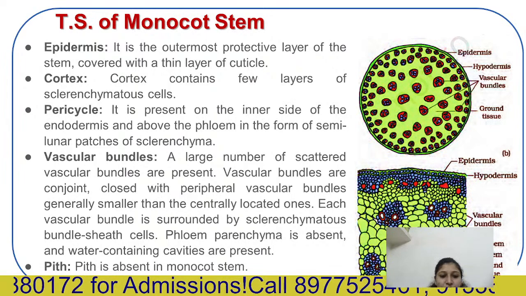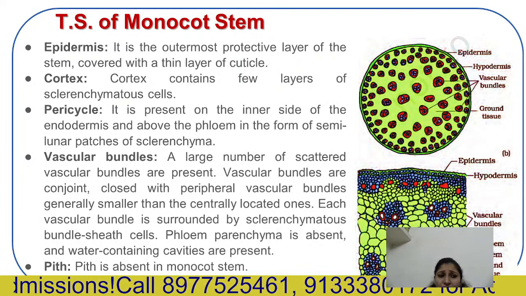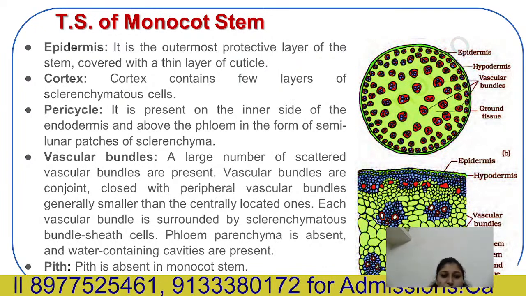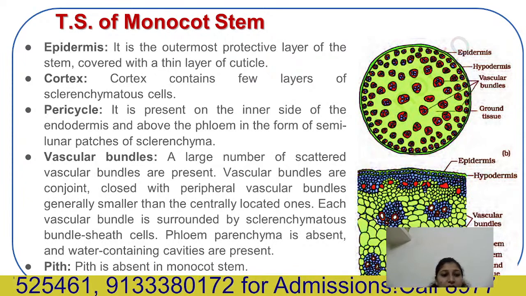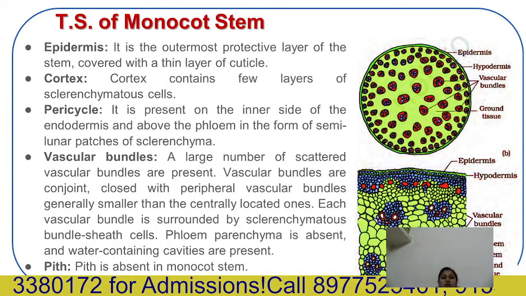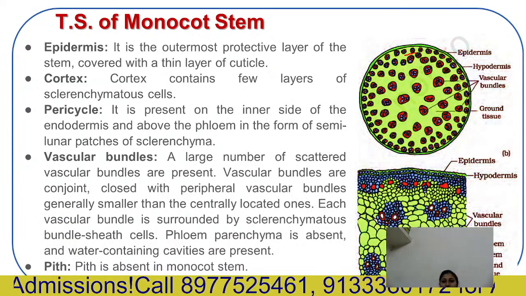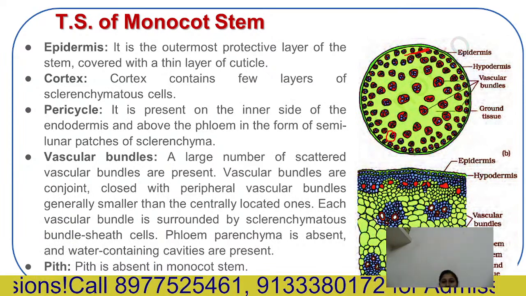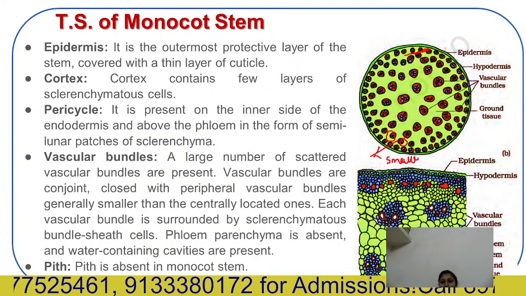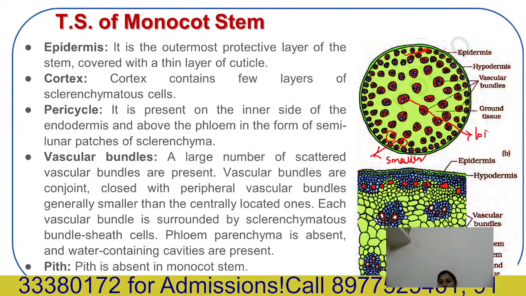Vascular bundles: a large number of scattered vascular bundles are present, and vascular bundles are conjoint, closed, with peripheral vascular bundles generally smaller and centrally located ones bigger. Okay, you can see in diagram also, the peripheral vascular bundles are smaller as compared to the centrally located ones, they are bigger.